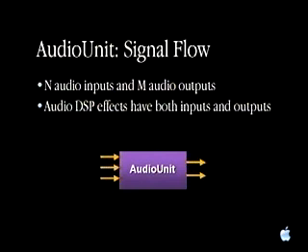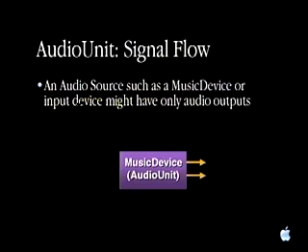Okay. Just before the demo, I went over some of the categories of audio units, and this is just a little simple diagram showing that an audio unit's basically a box that can have an arbitrary number of inputs, arbitrary number of outputs, and I think this diagram is showing that DSPFX would have both inputs and outputs with some kind of processing going on.